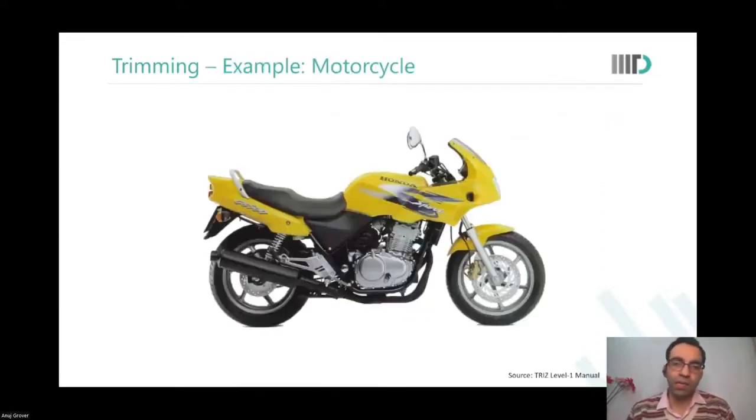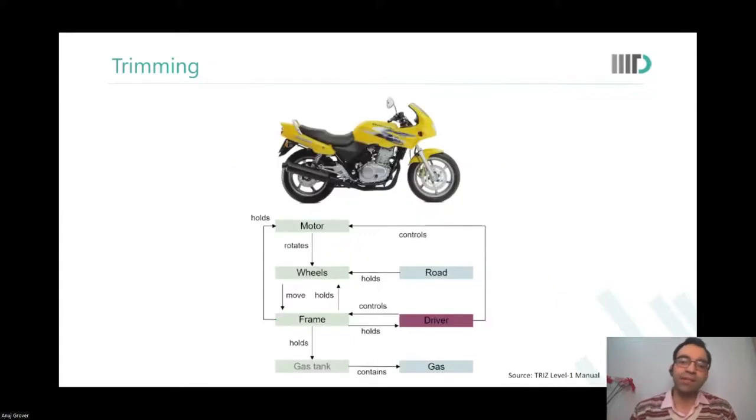So let us take the example of a motorcycle. We discussed that when we were discussing TRIZ. Remember? In that session on TRIZ, we discussed this example of a motorcycle. What did we want to do? We wanted to reduce its cost. So we made the function model of the motorcycle.